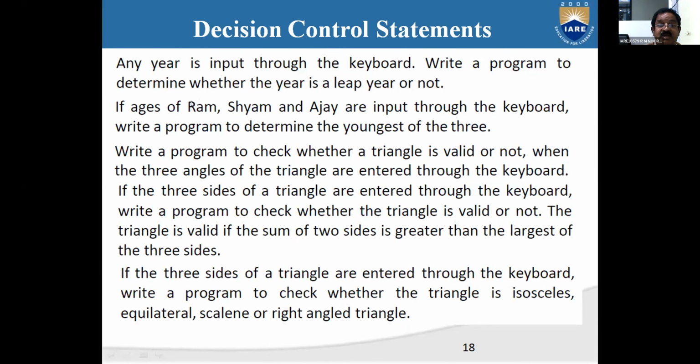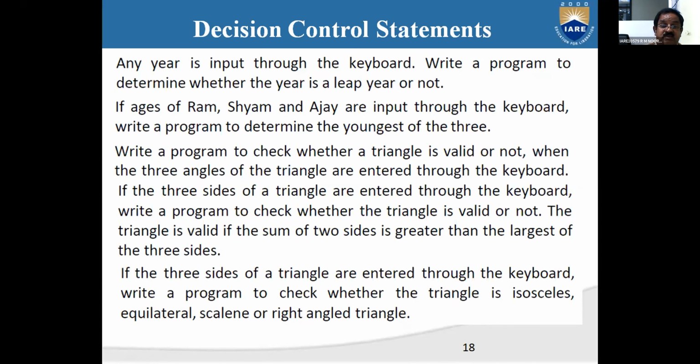If Shyam's age is less than Ram's age and Shyam's age is less than Ajay's age, then Shyam will be the youngest. Else Ajay will be the youngest, right?